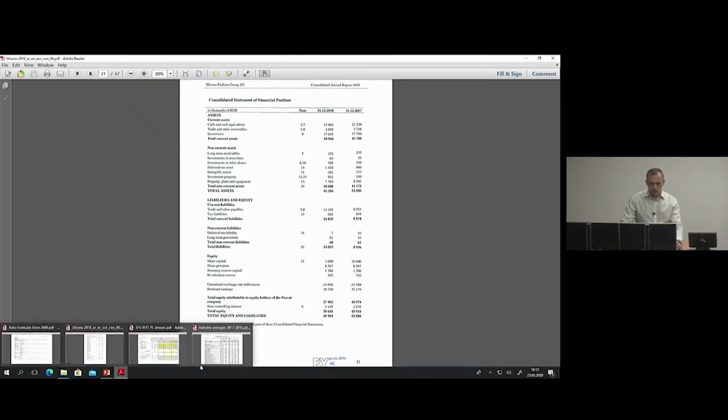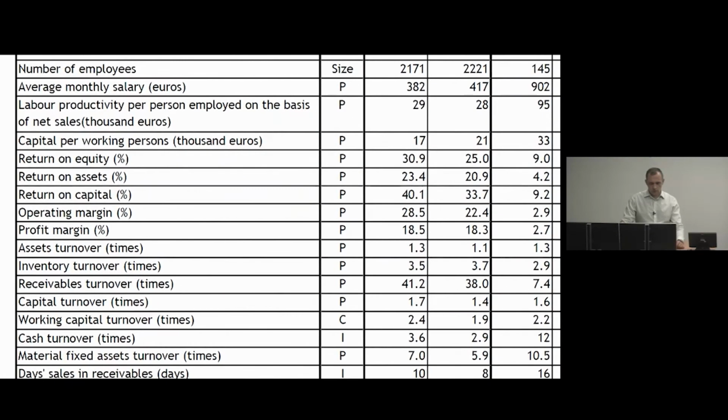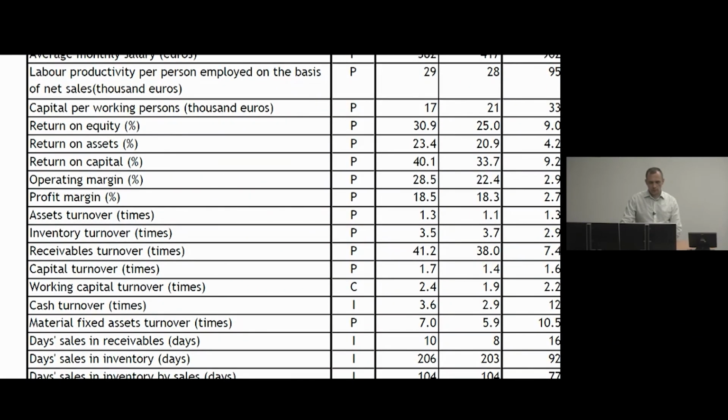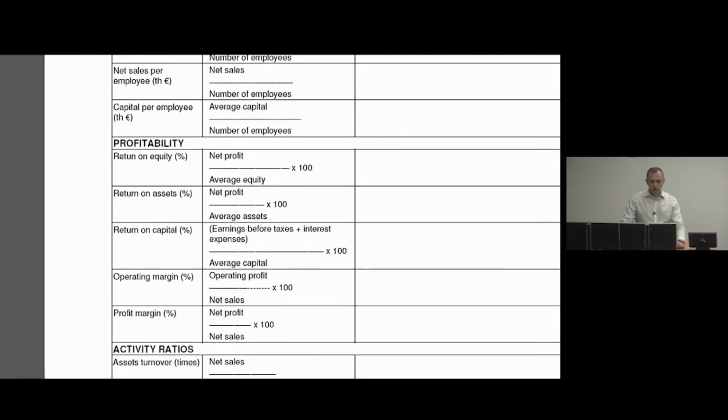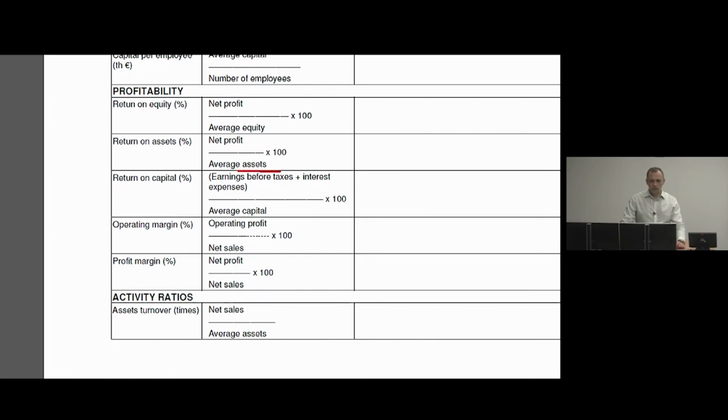And when you do your calculations, you see that the answer is 23.4, and the technical conclusion is that each euro invested to assets generated 23.4 euro cents as net profit.